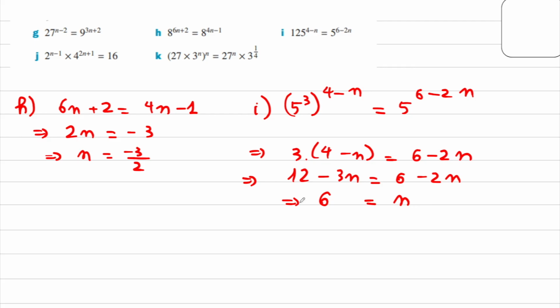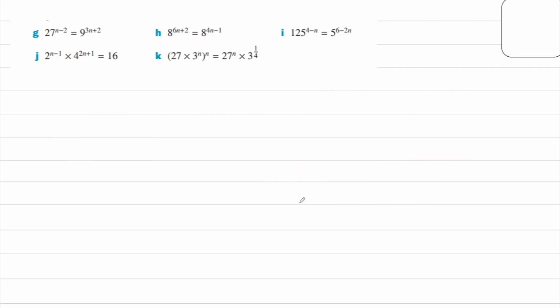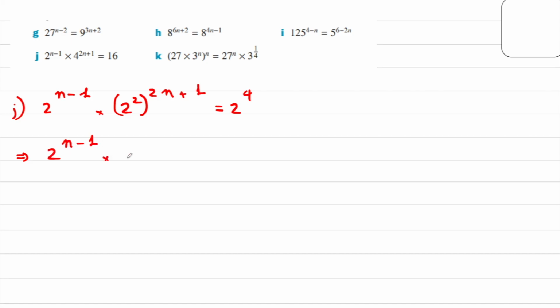Okay, go on for question J. I have 2, 4, and 16. Base number 2. And here is n minus 1. 2 squared first equals 4. Put it inside the bracket: 2n plus 1. And 2 to the power 4 will be equal to 16. And here n minus 1 multiplied with 2, 2 times 2n plus 1, equal to 2 to the power 4.